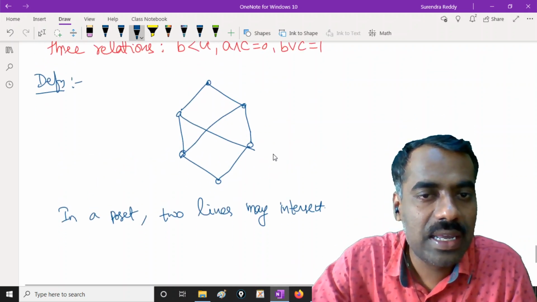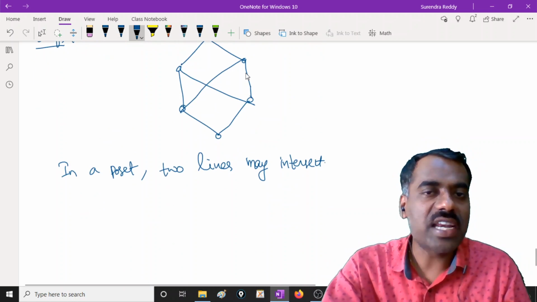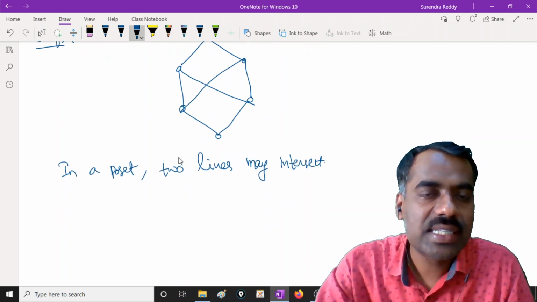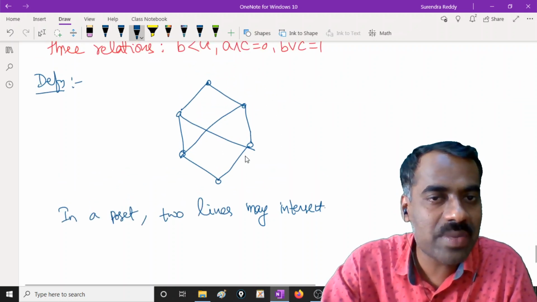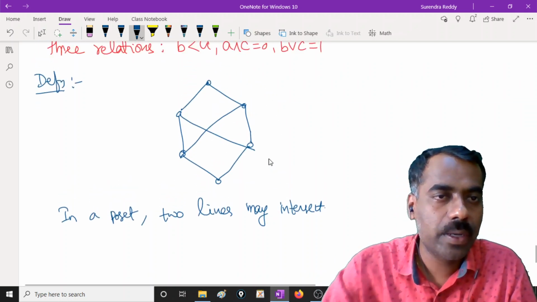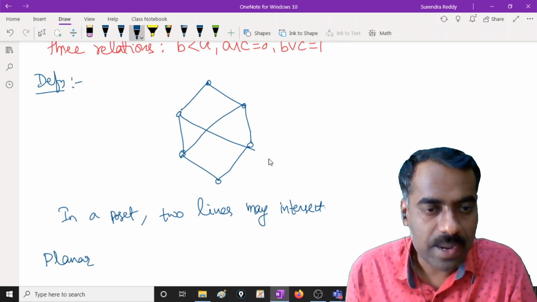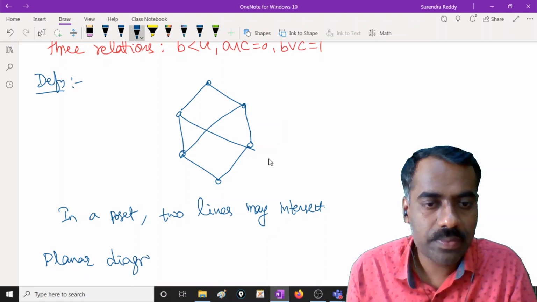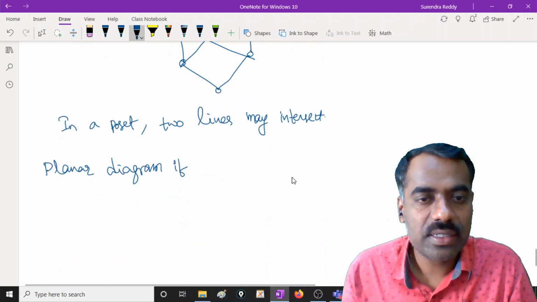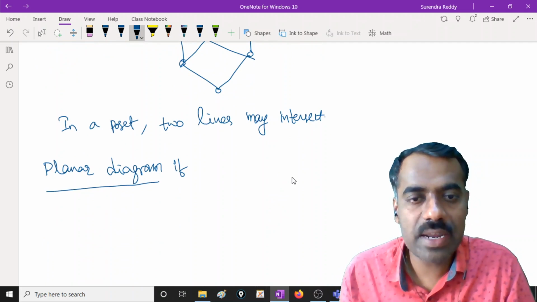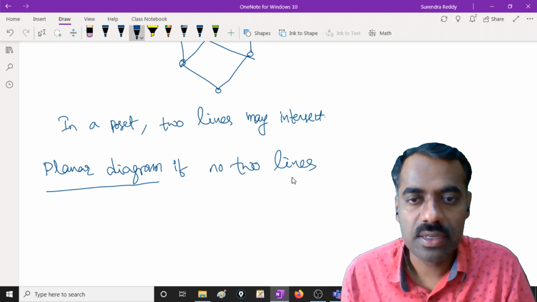or poset. But if there are no such two lines which are intersecting, then that lattice or poset diagram we will call a planar diagram. It is called a planar diagram if no two lines intersect.